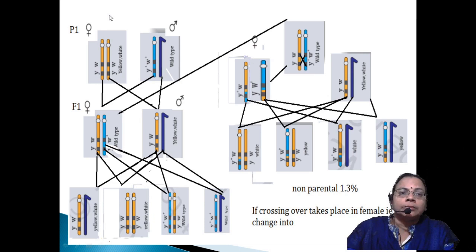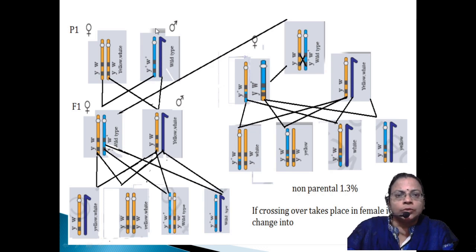The male carries one X and one Y, an XY combination. The Drosophila Y chromosome does not carry any gene, so it is empty, a somewhat J-shaped structure.